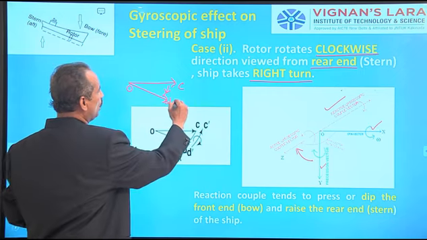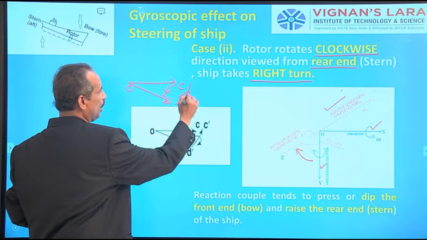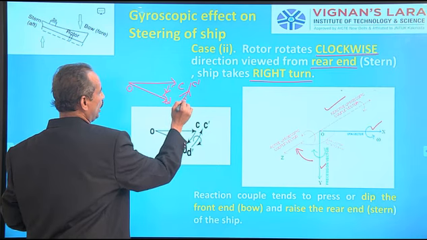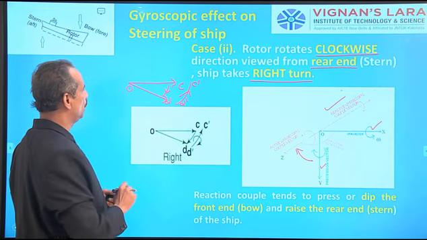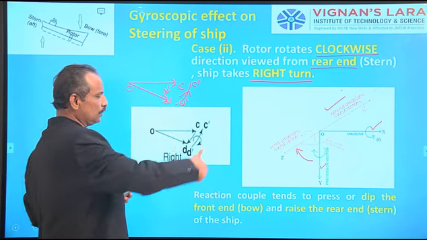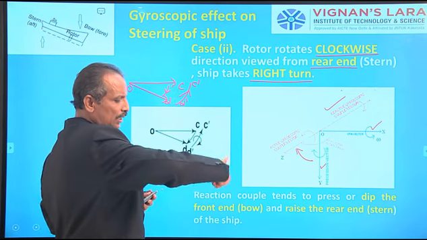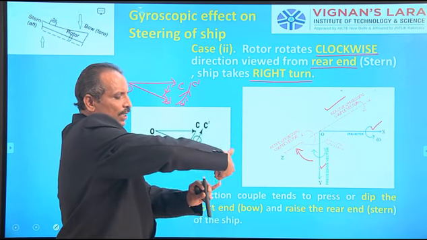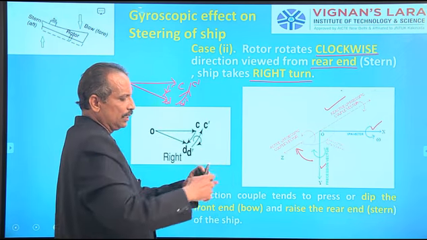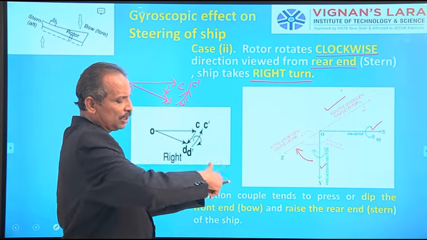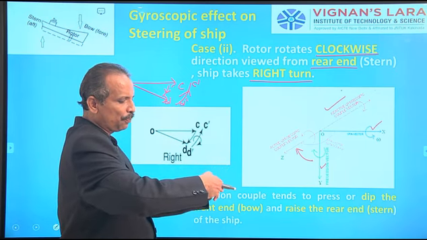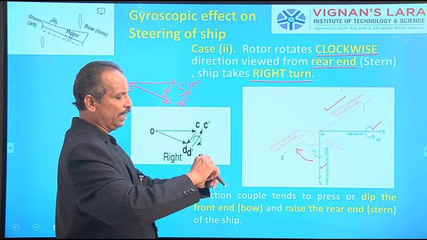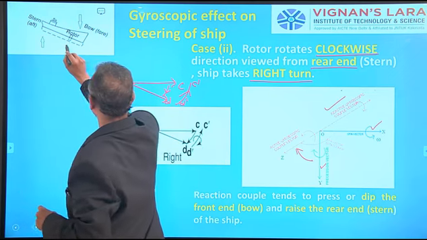So an equal amount of reactive force is developed, which is called reactive gyroscopic couple, or also just gyroscopic couple. When I watch this, this is the thumb upward and this is the direction. You can see the 4 fingers, when you look from this side, are revolving clockwise. If this type of clockwise motion is given to this ship, what happens? The rear end is lifted up and the front end is moved down. That is what you can watch.